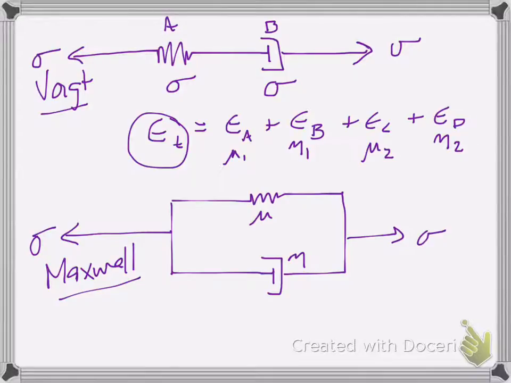In this case, each of these has to deform at the same rate because they're fixed together this way. So the elongation, if you elongate this as you pull, both elements have to experience the same amount of elongation.